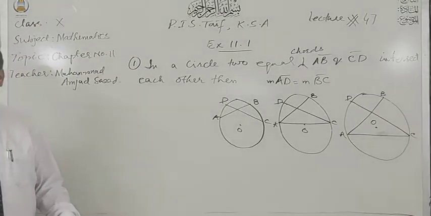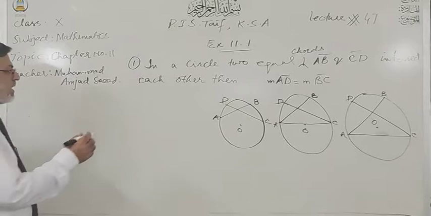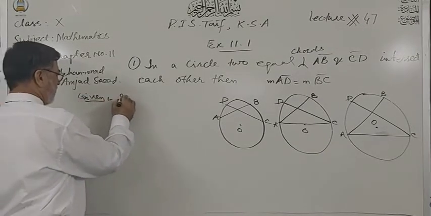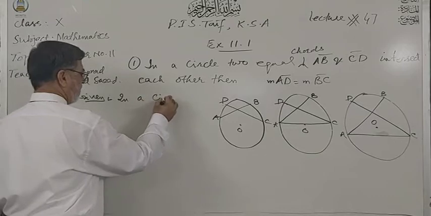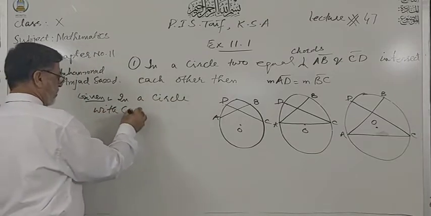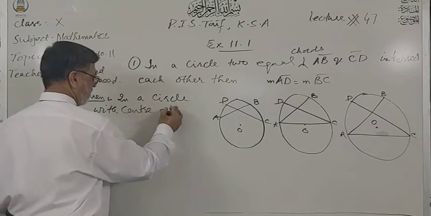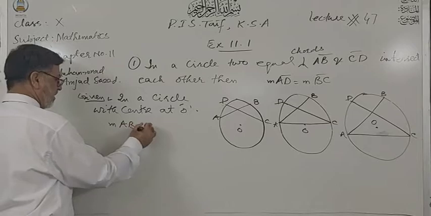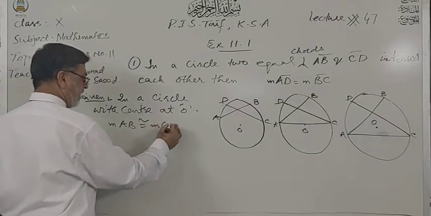So here we can have what is given: in a circle with center at O, AB is congruent to CD.